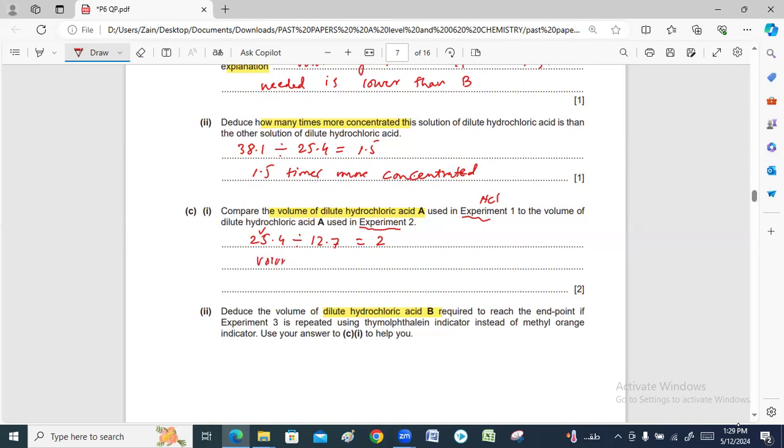So volume of HCl used in experiment 1 is twice as compared to volume in experiment 2.